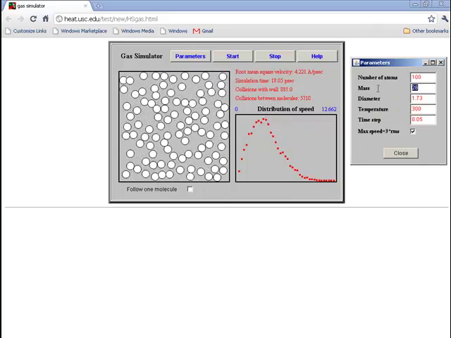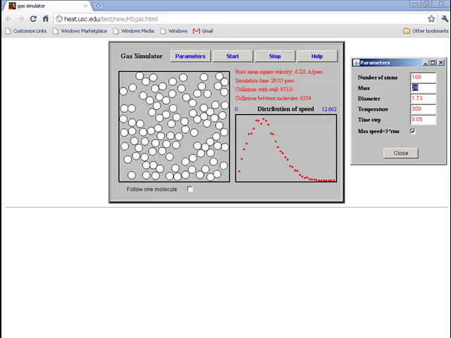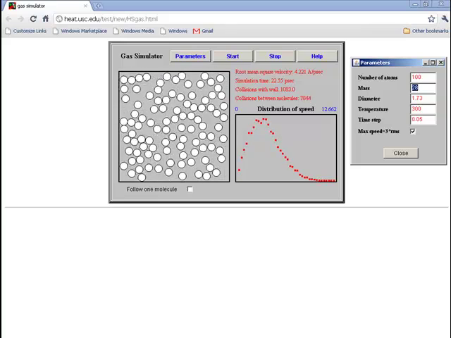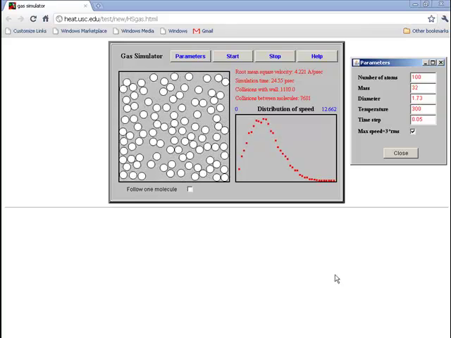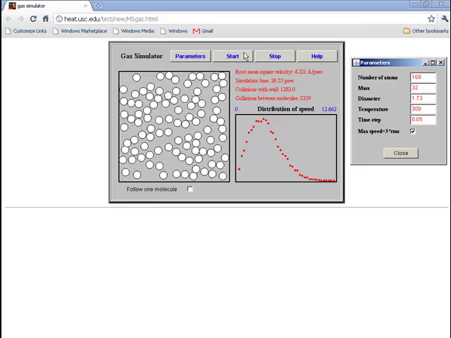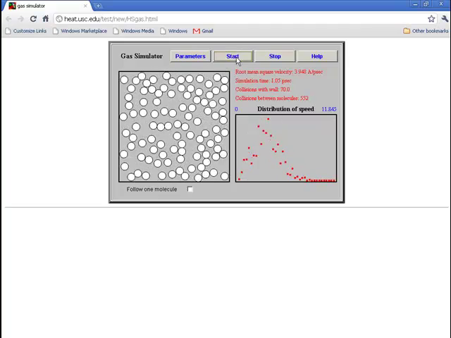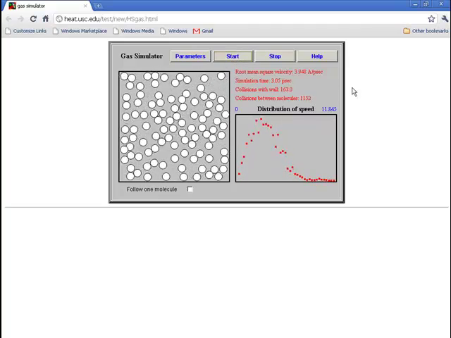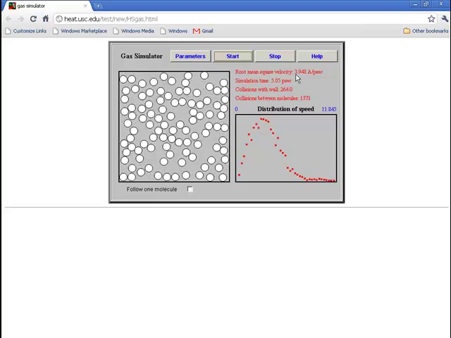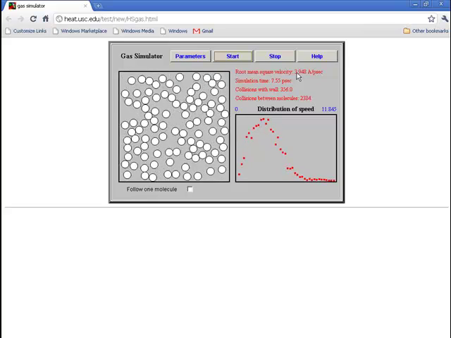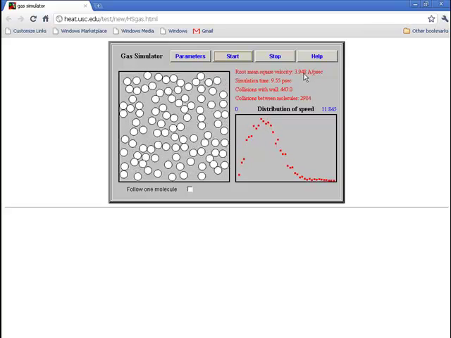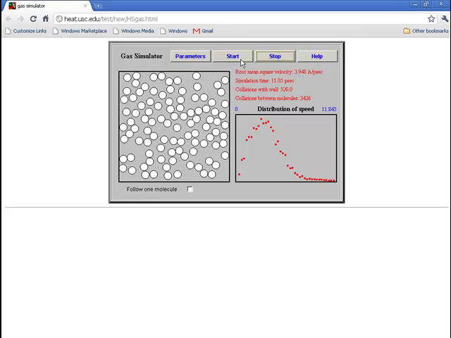Let's change the mass of the atom. It's 28 now, which is approximately nitrogen. Let's change it to 32, which is oxygen, O2. If we change it to oxygen, you'll notice the root mean square velocity goes down, 3.942.